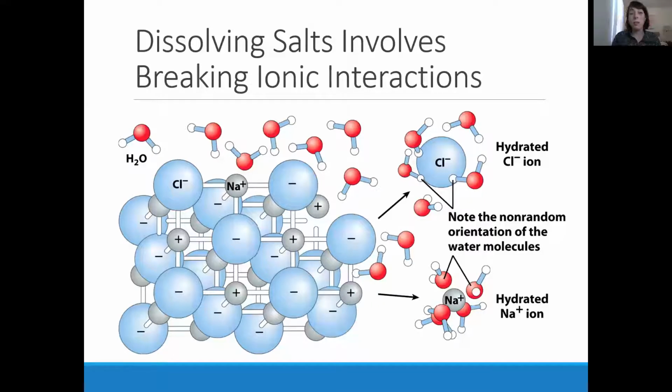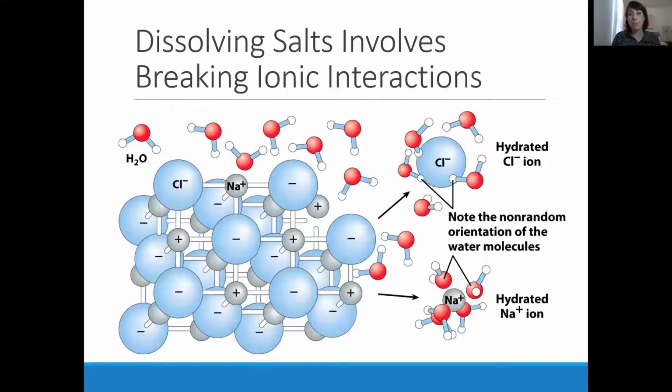And these are broken down and solvated by water. Water surrounds each of those individual ions, forming instead this dipole charged interaction in which the dipole of a water molecule, the partial charge of a water molecule, is interacting with the full charge of an ion.